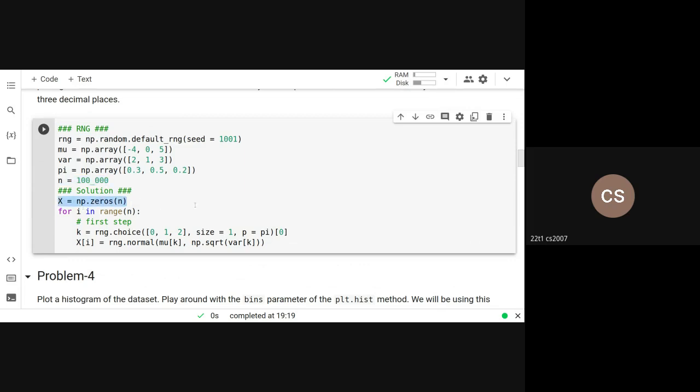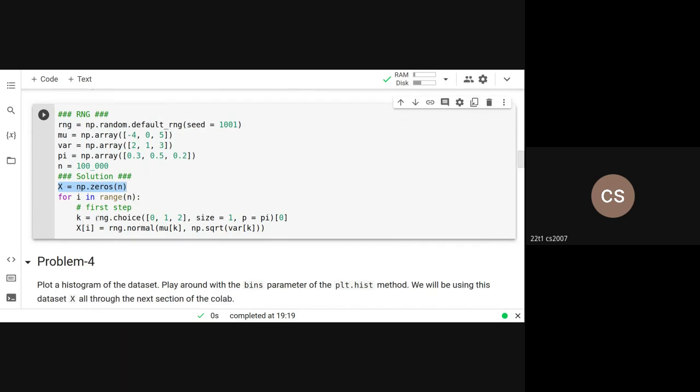Initially, they're all 0. And first step, we have chosen randomly one of these three mixtures based on the mixture probabilities pi. Once the mixture is chosen, we are generating a random number from the kth mixture, whose mean is mu of k and variance is var of k.